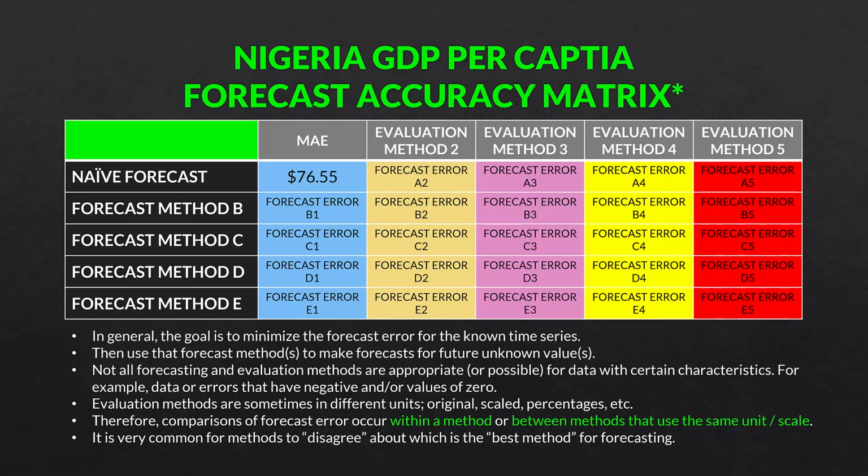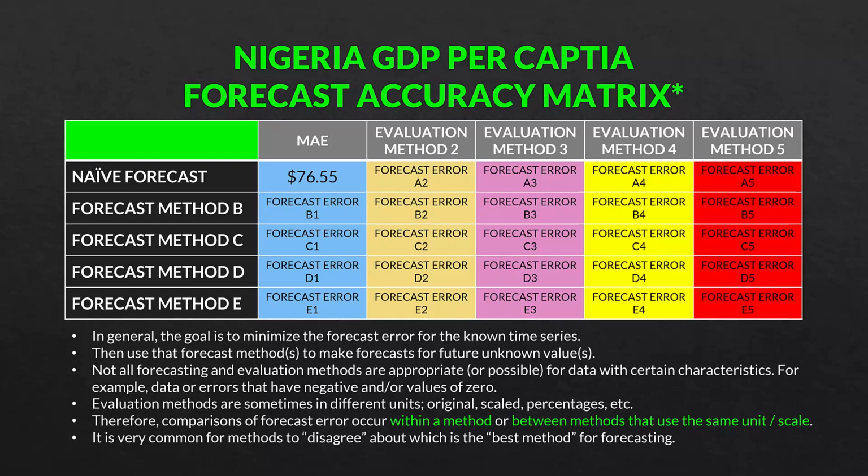Not all forecasting and evaluation methods are appropriate or possible for data with certain characteristics. For example, data or errors that have negative and/or values of 0, which we'll explore in future videos also. Evaluation methods are sometimes in different units, like we talked about here, dollars, or they might be in some sort of scaled value or percentages, or a ratio, or something like that.